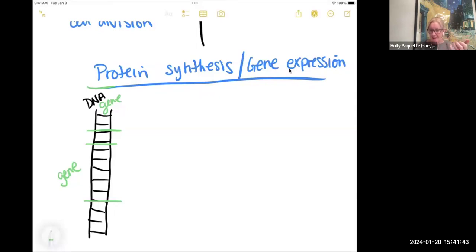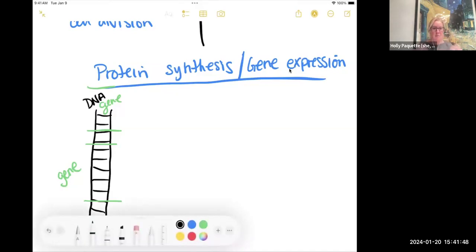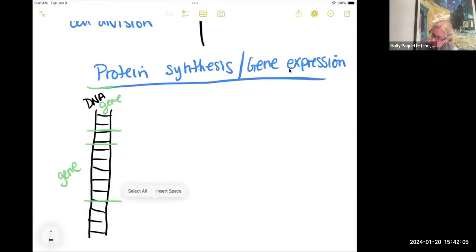So I like to think of DNA kind of as a cookbook, that it holds all of the recipes of different meals that a cell might need to make. And each recipe is actually a gene. If you take those instructions in that cookbook and you make the meal, that would be the protein. So when I think about that, with the gene, we can have an enzyme come in and it will open up the DNA and copy one side of that gene.